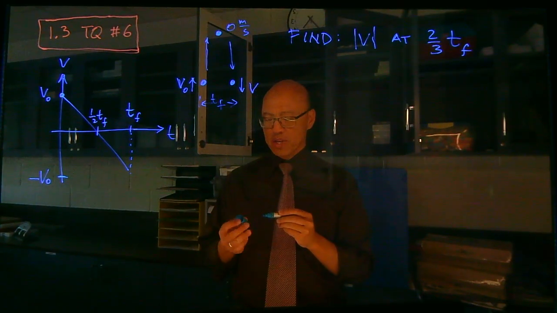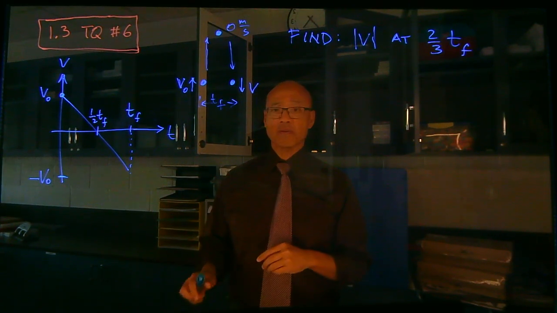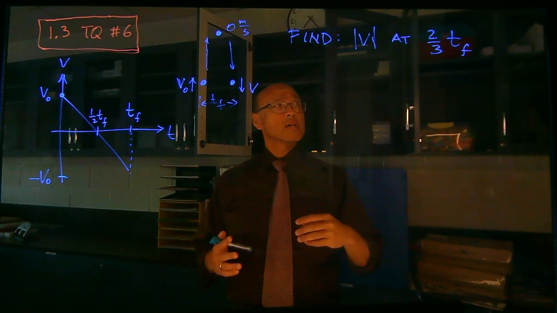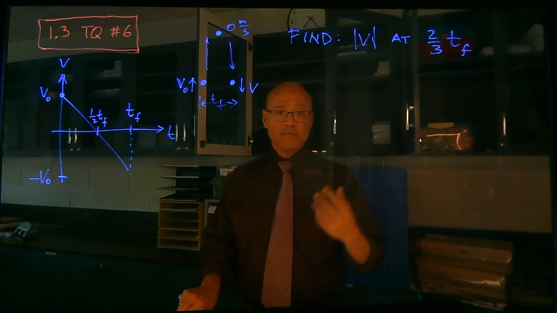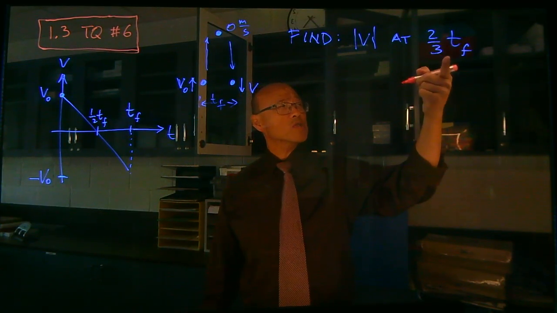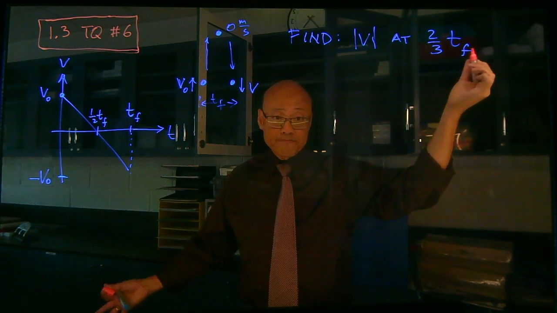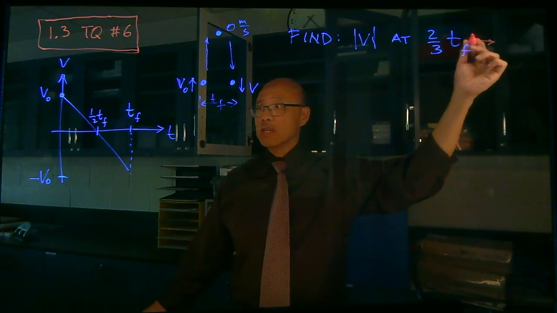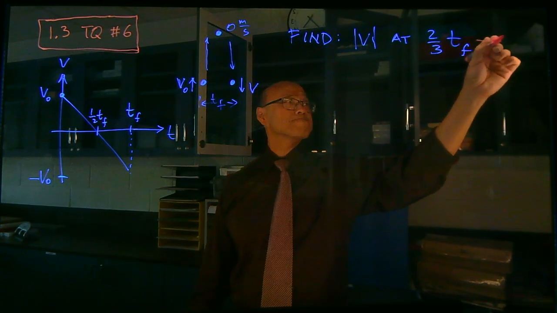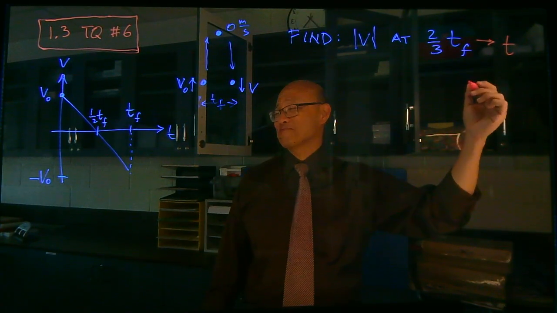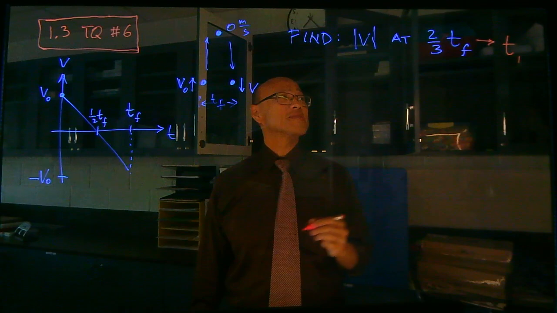So let's just figure out, one thing we could do is go, well, how fast does it go? I don't know if we'll need this, but in my mind I'm just going to call this T1.